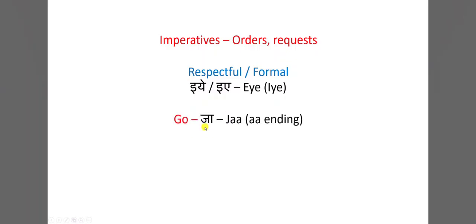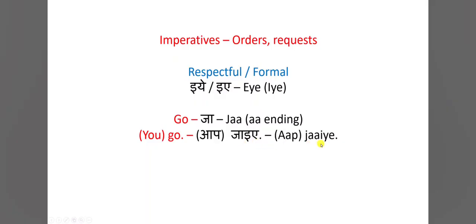Go is ja in Hindi, and ja is an a-ending verb. If a verb ends in an a sound, then we add this directly to the root verb. So you go is aap jaiye.